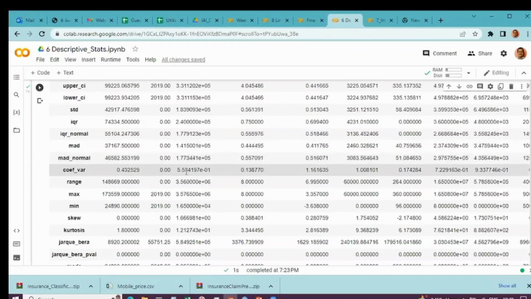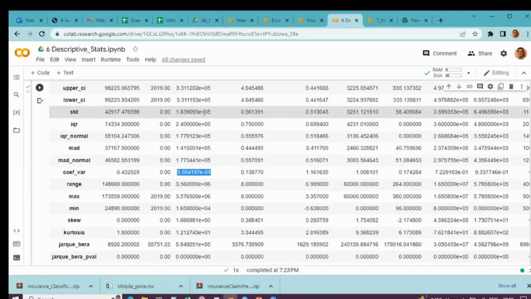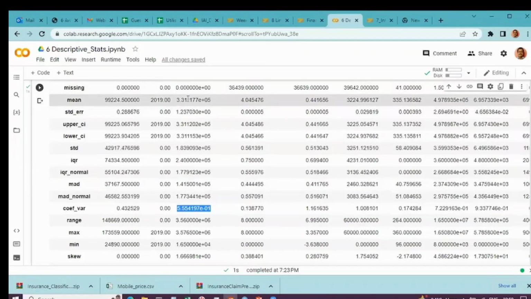And we have already talked about the coefficient of variance, which is nothing but the standard deviation 1.83 into 10 to the power of 5 divided by the mean 3.31 into 10 to the power of 5. So the ratio is somewhere around 0.55.